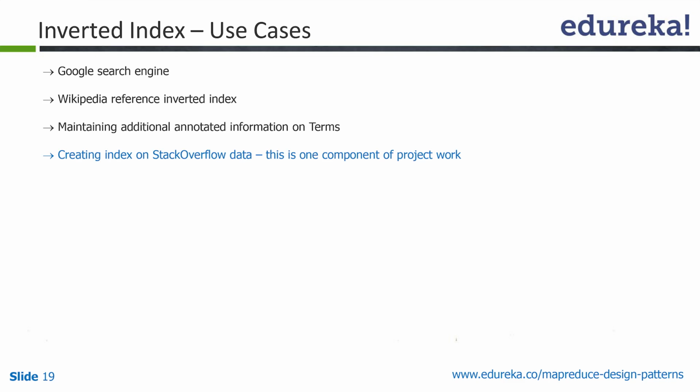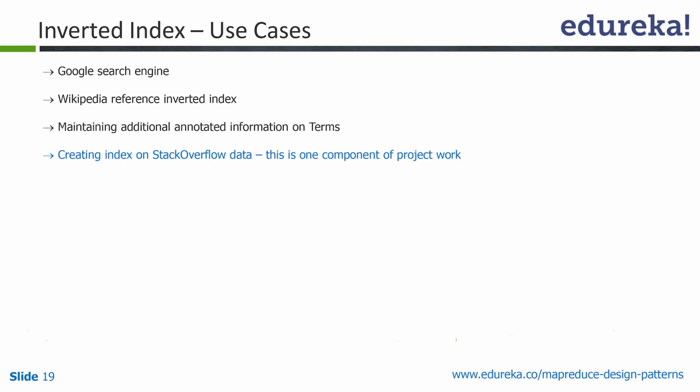So that's about building an inverted index. Then maintaining additional annotated information on terms, which I just talked about in the previous slide, that's the text analytics. And creating an index on Stack Overflow data is something we'll do as part of the project.